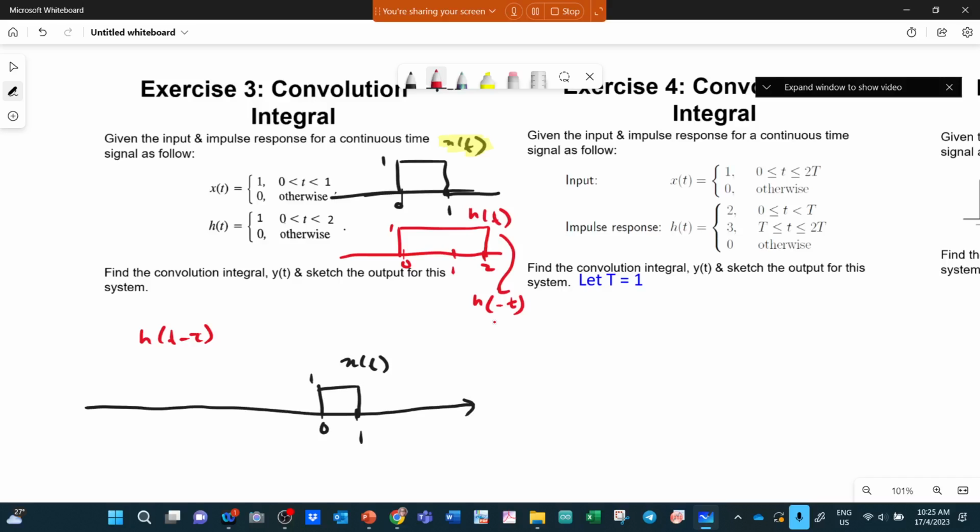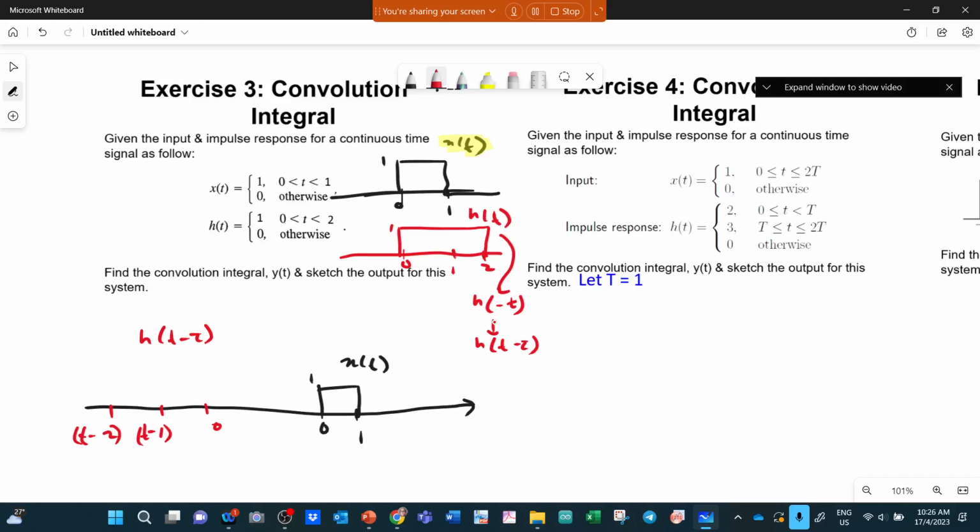H(minus tau), so you're going to flip it. 0, 1, 2, jangan lupa negatif dia. Then we are going to add t in front, t minus tau. So just add that in front, so you dapat t minus tau. Kalau nak tak nak confuse, just buat dalam kurungan je lah.